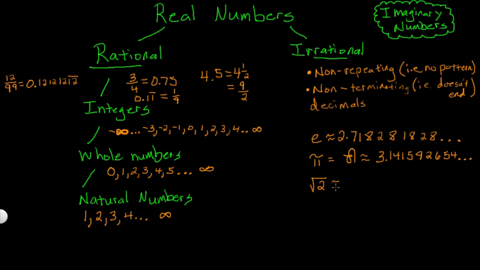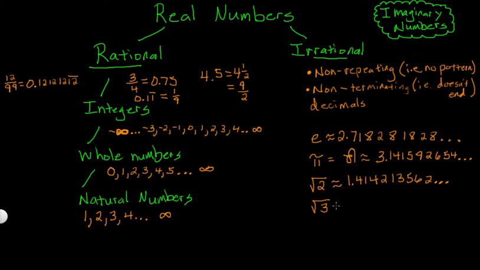If we use our calculators, we can approximate it as 1.4142135562 and so forth, but it does not end, it is non-terminating, and there is no pattern, so it is non-repeating. Any non-perfect square, like the square root of 2 or the square root of 3, is irrational. The square root of 4 is a perfect square. The square root of 4 is 2, so it is not an irrational number. But the square root of 3 is an irrational number.